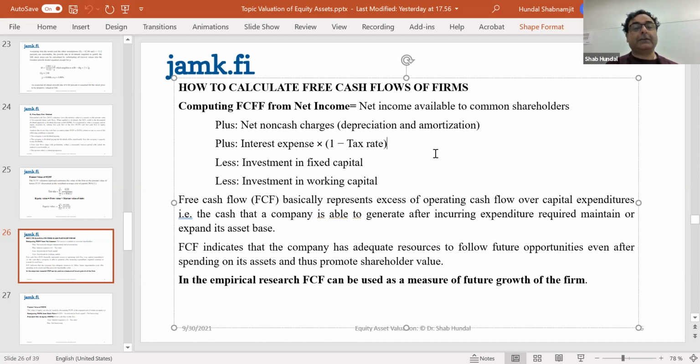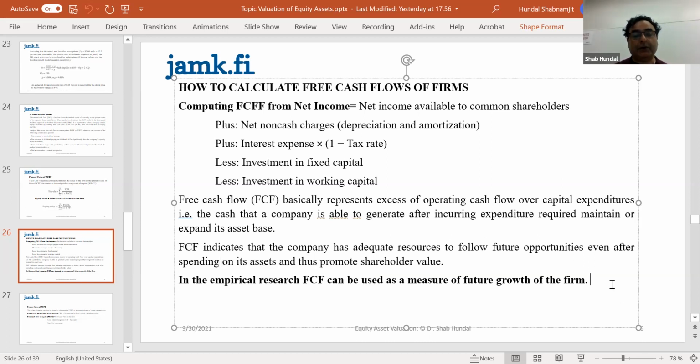So you can consider calculating free cash flow of a company for a year, divided by its total assets. Why do you divide by total assets? Because you want to see the growth rate, not the absolute money. So this variable, as I wrote here in bold letters, is very underused in the empirical research.